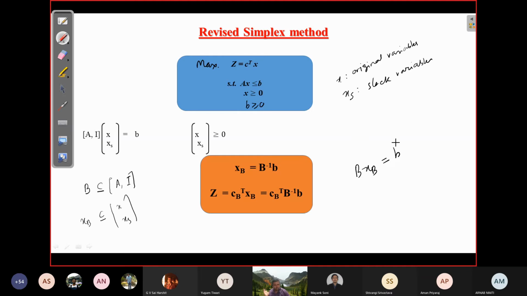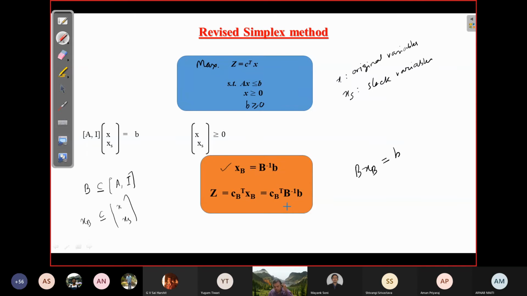Because non-basic variables are 0, I only keep the columns for the basic variables, and XB is the set of basic variables, which is equal to the right hand side, small b. Can I write it for a particular base B? Yes, sir. So what will be the solution? XB is B inverse b.